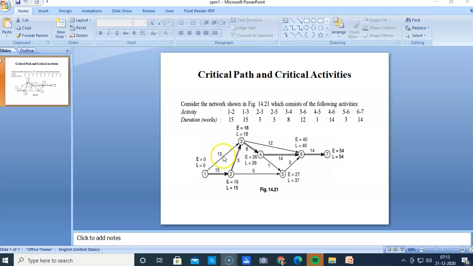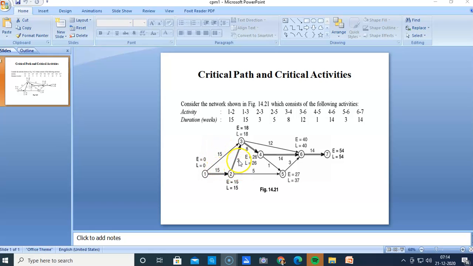If I go from 1 to 2, the earliest start time of activity at node 2 would be 15 units, and if I go 2 to 3, it takes another 3 units to reach node 3. So this is 15 plus 3, 18, and if I go by the other path to node 3, the time would be 15.